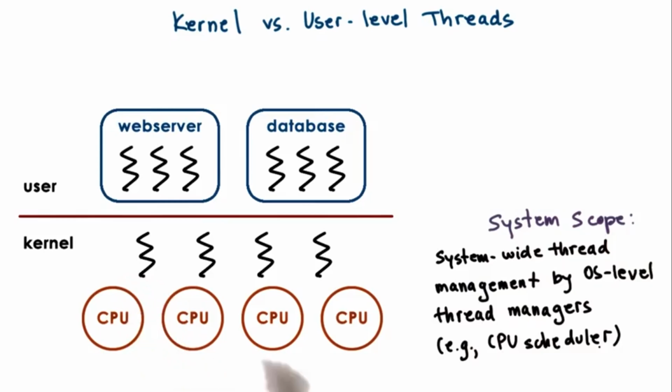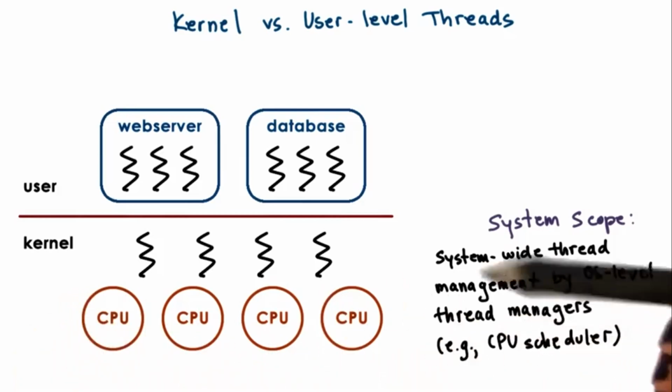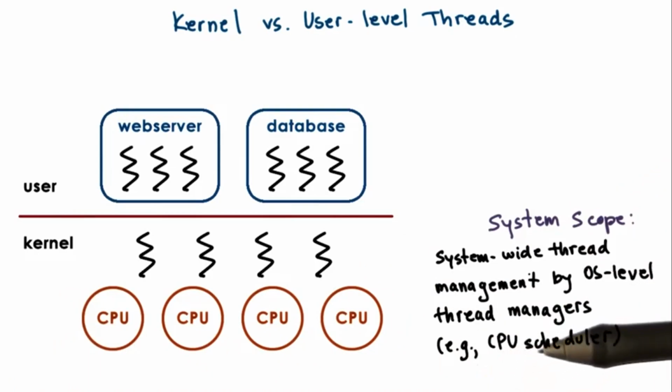At the kernel level, we have system-wide thread management that's supported by the operating system level thread managers. What this means is that the operating system thread managers will look at the entire platform when making decisions as to how to allocate resources to the threads. This is the system scope.